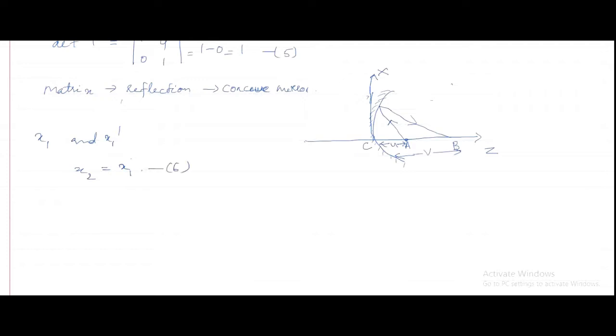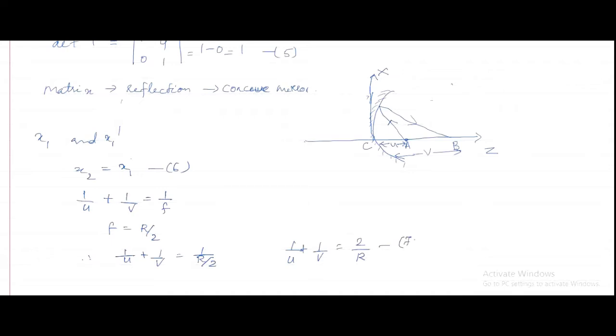In order to calculate the slope of the ray after reflection, we use the mirror equation 1 by u plus 1 by v equals 1 by f, and we know that f equals r by 2. Therefore, we can write 1 by u plus 1 by v equals 1 by (r by 2), or 1 by u plus 1 by v equals 2 by r.